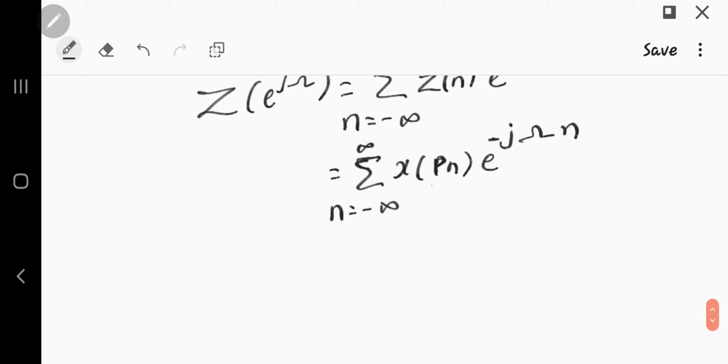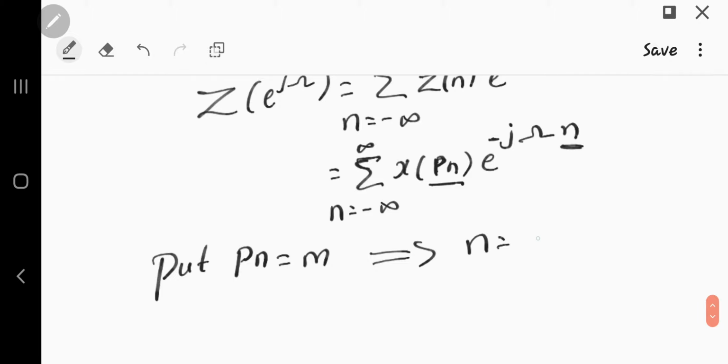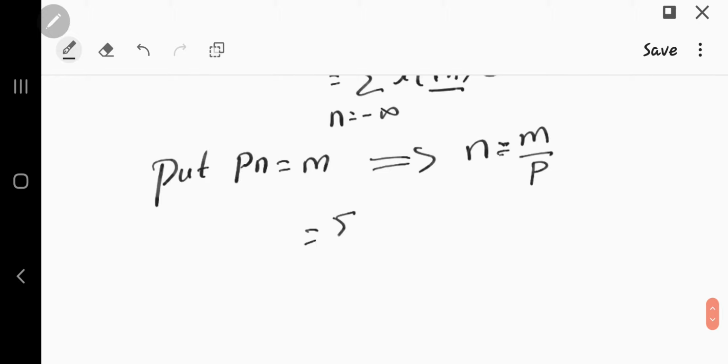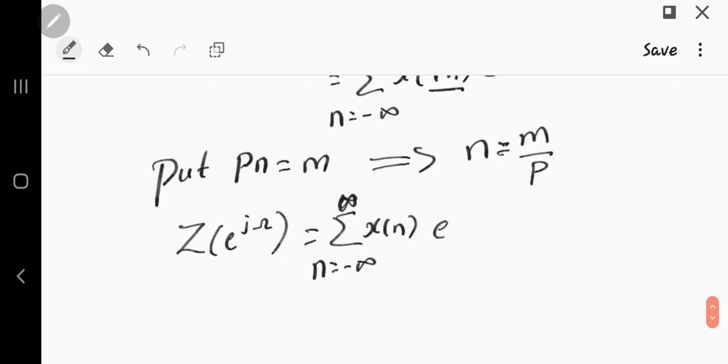Now this term p into n, I will replace with some other variable. So put pn is equal to m. If pn is equal to m, then n is equal to m by p. So z of e power j omega is equal to the summation of x of m e power minus j omega m by p.